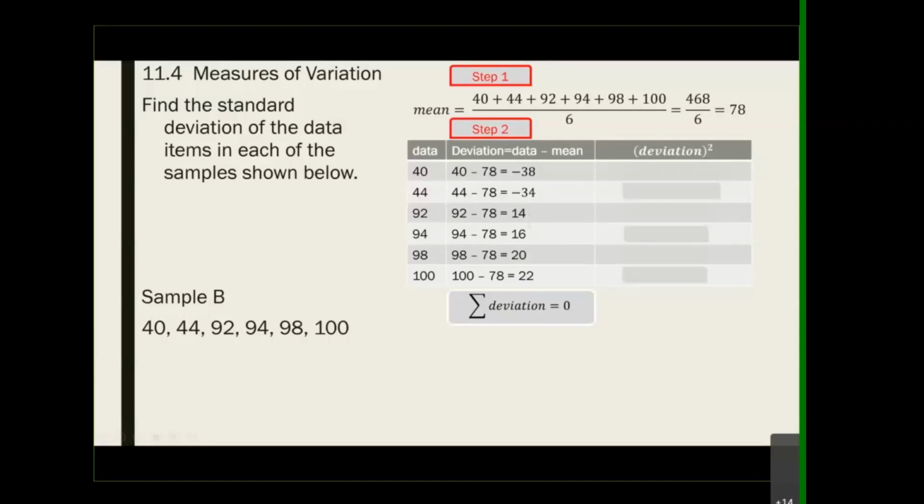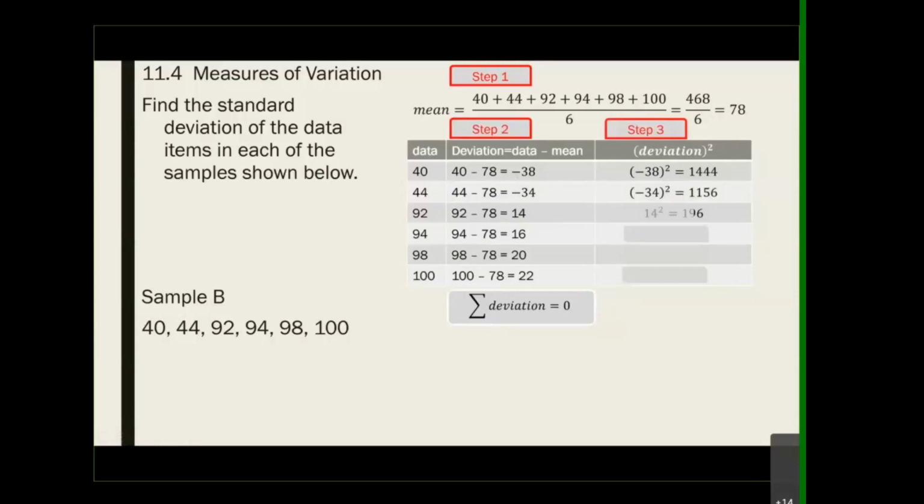Okay. So now, step 3, what do we need to do? Again, we have to somehow find a way to get rid of the negative numbers. To do that, the only way we have is to take them and square them.